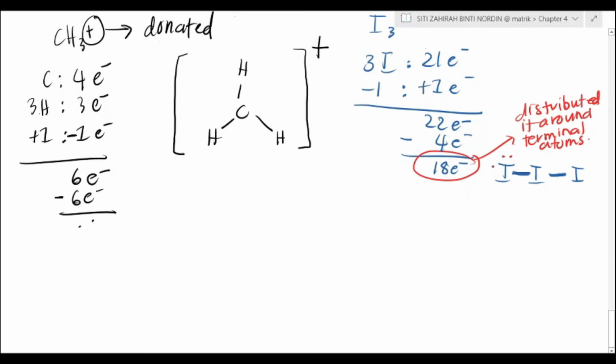So 2, 4, 6, 8. 2, 4, 6, 8. So 18 minus 12 electrons. So we are left with 6 electrons.